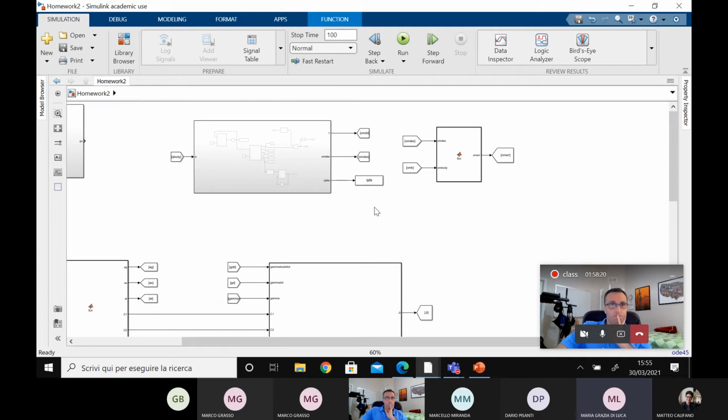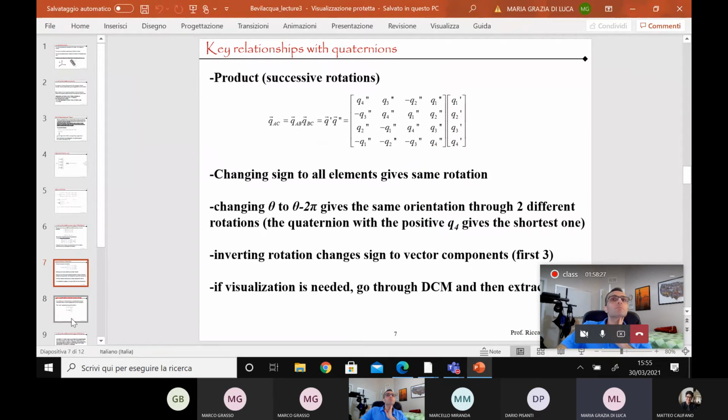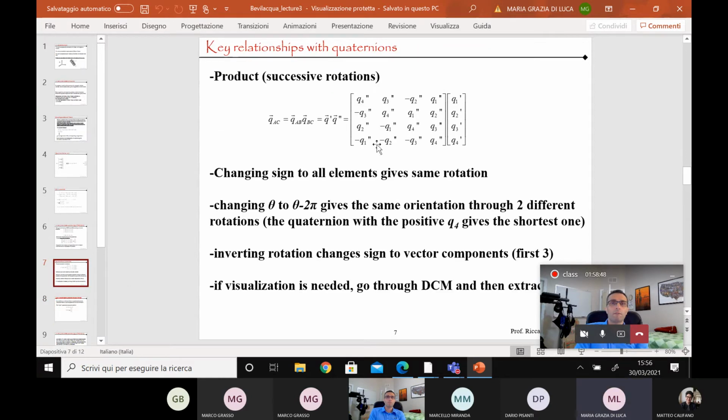So now in order to have the error quaternion, we should have first the quaternion of the body and then the desired quaternion, right? And then apply this equation here.